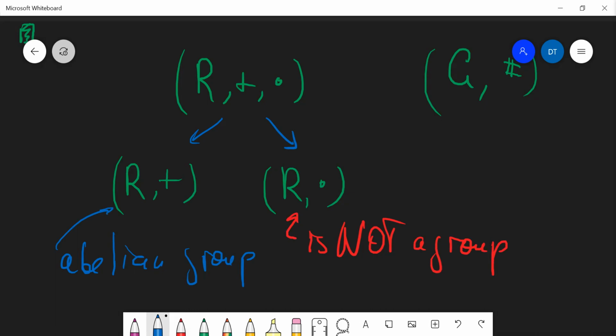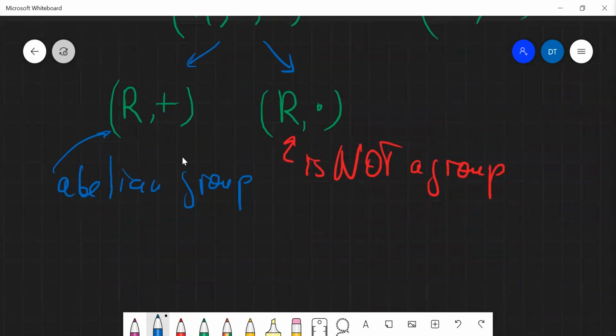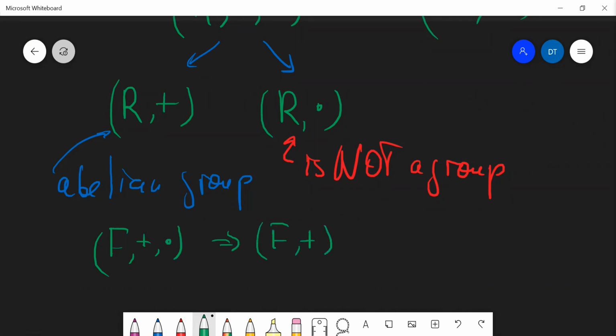And what is the characteristic by definition? Well, you take a field, you forget multiplication. The characteristic is the smallest number... you take the order of the element 1. But I claim that my group might have more than one generator. This is not a question about the generator.